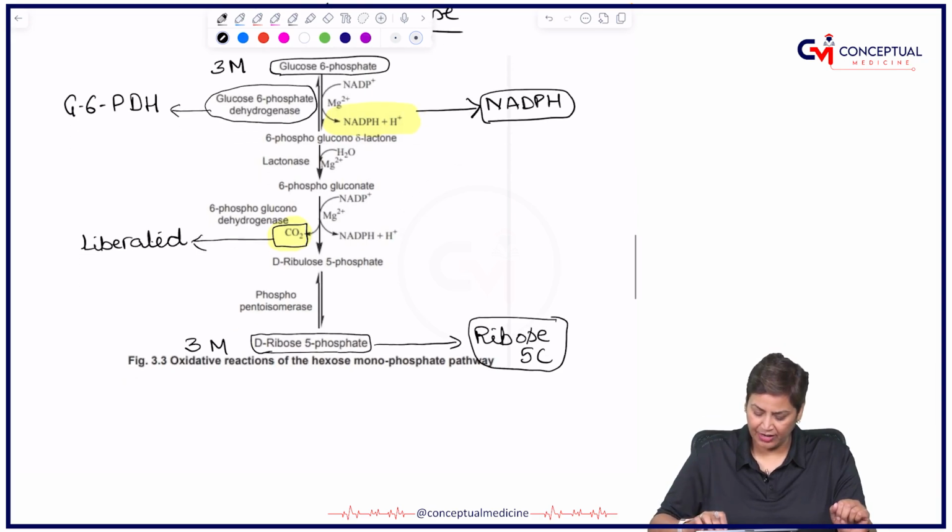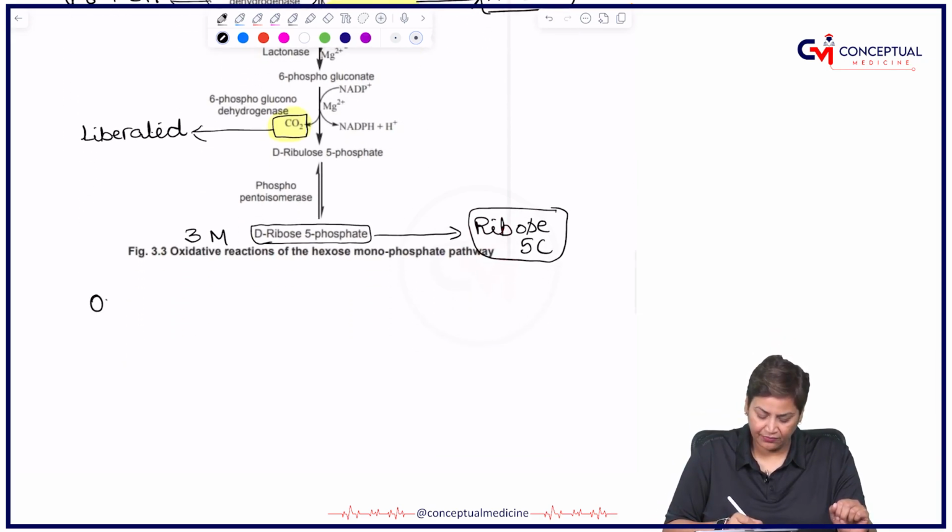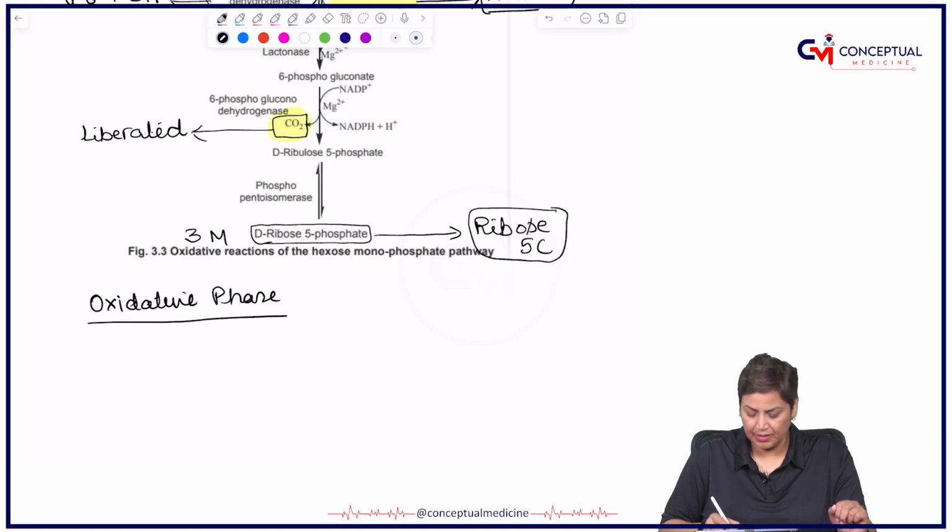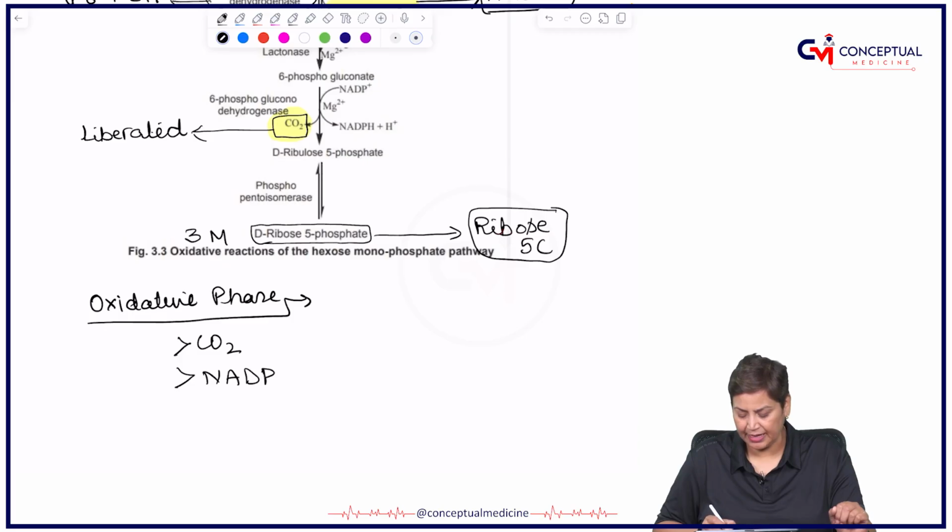So I can write it also that the oxidative phase liberates CO2, synthesizes NADPH and synthesizes ribose sugar.